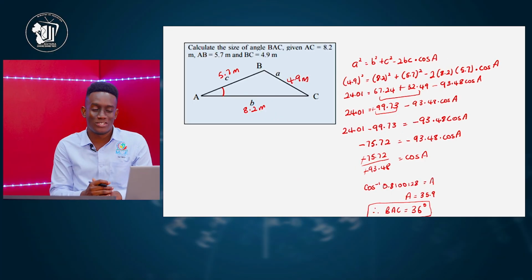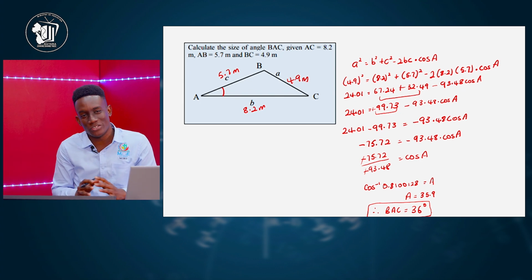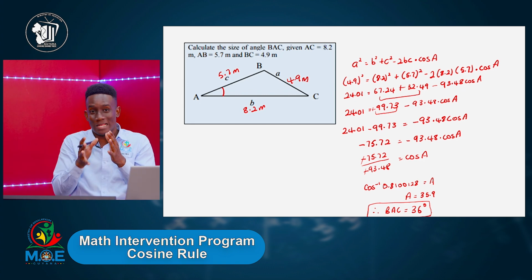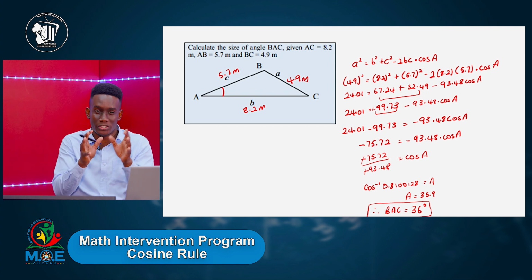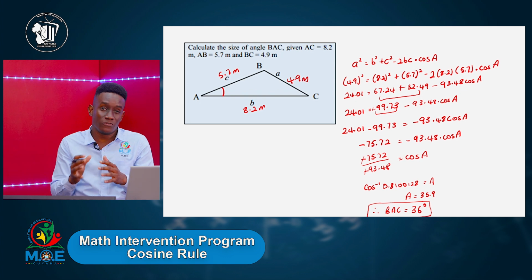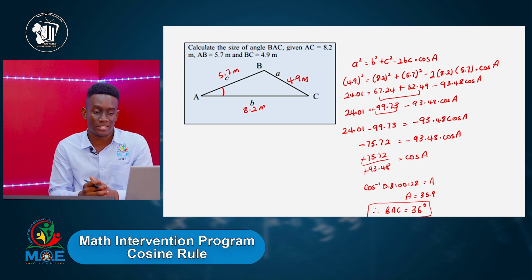And with that, I trust that you have a good understanding of how to use the cosine rule to find missing sides. Remember, the key thing is to make sure the side that you want to find is the subject, meaning the letter is the subject. So you don't need to do any shifting around. You just need to rearrange it to make sure that that is the subject, because the initial formula is just a general formula for the specific triangle that is given in the example.